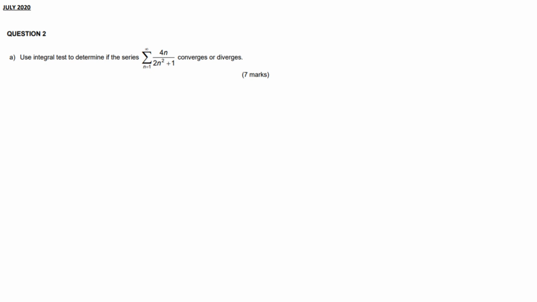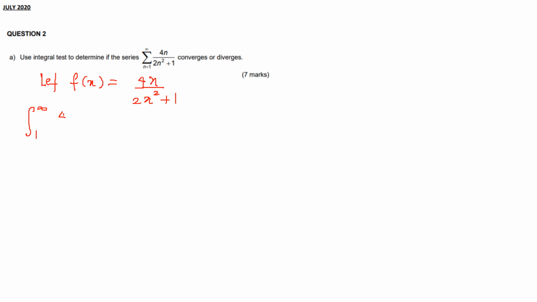Each topic I do about 3 questions in order for you to understand better. For this one, let f(x) be the function x over 2x squared plus 1. The first step, don't forget, is from 1 until infinity.